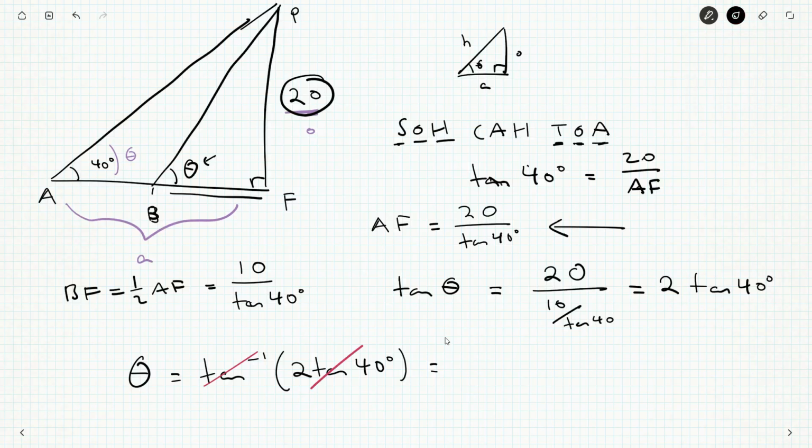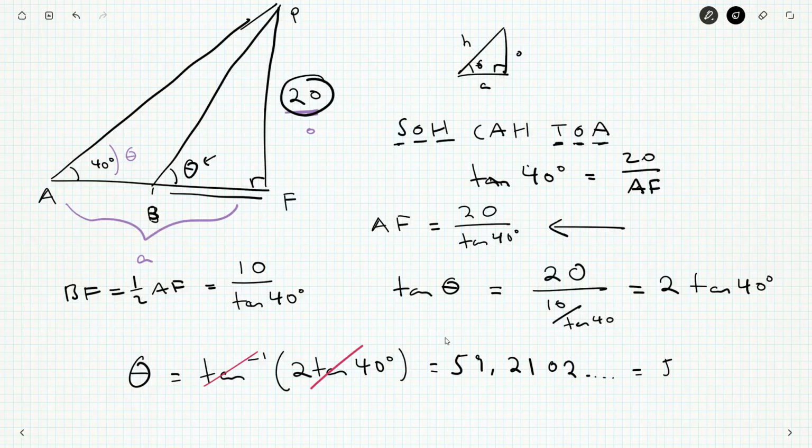So 40 on my calculator, then I do tan of that. And then 2 times the tan 40. And then I add tan inverse, which usually involves a second function button. And I'm getting 59.2102, blah, blah, blah.